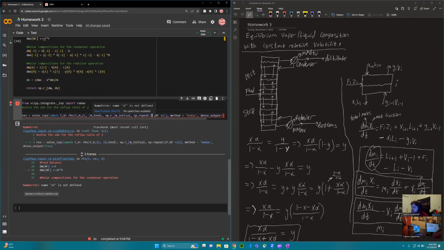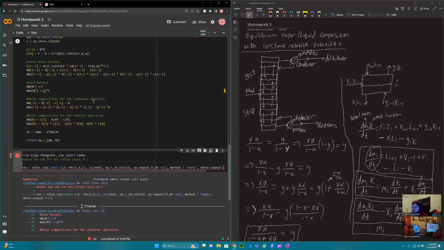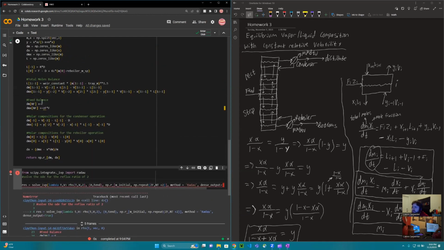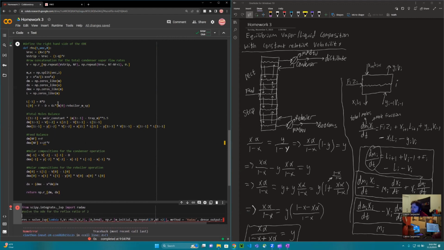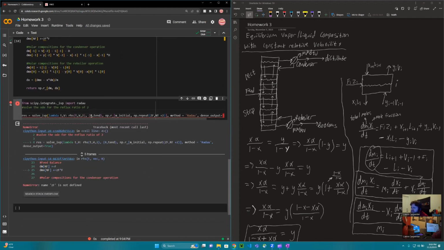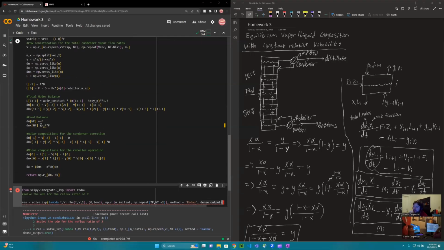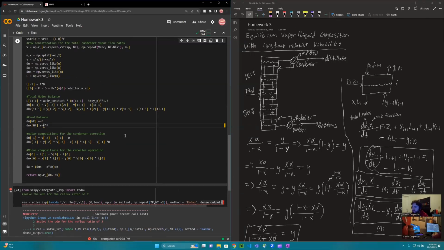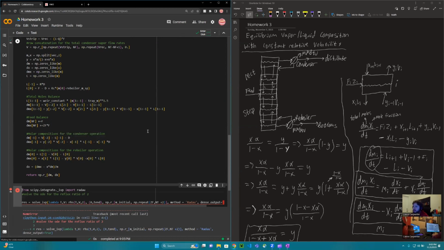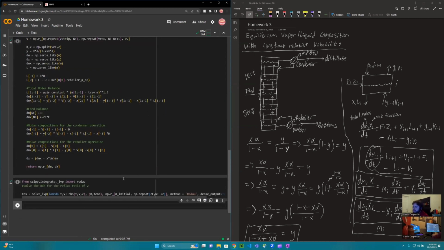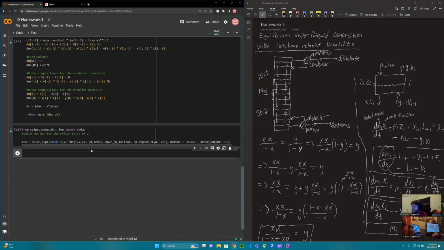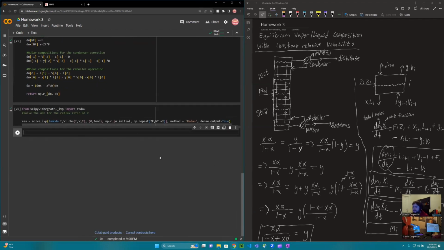It says ZF is not defined, but it's not. Lowercase ZF. Did I screw it up here somewhere? So I screwed it up right here. There we go. Now it works. Sorry about that, folks.